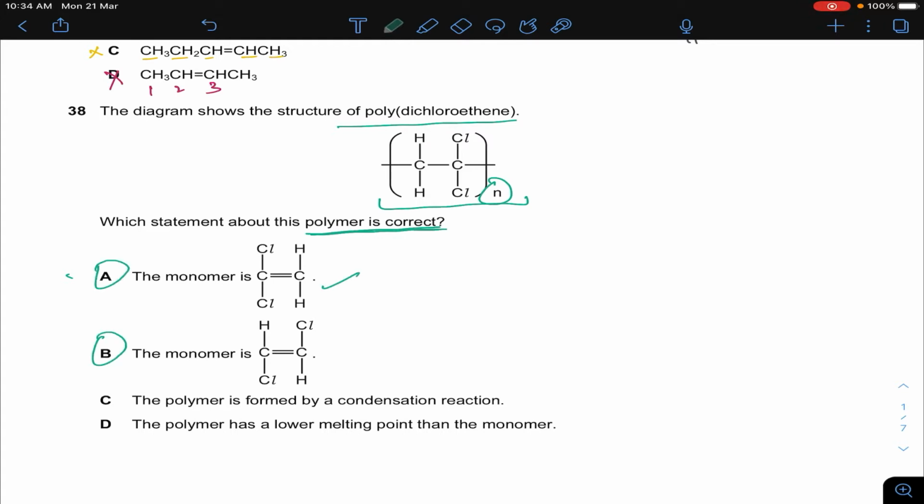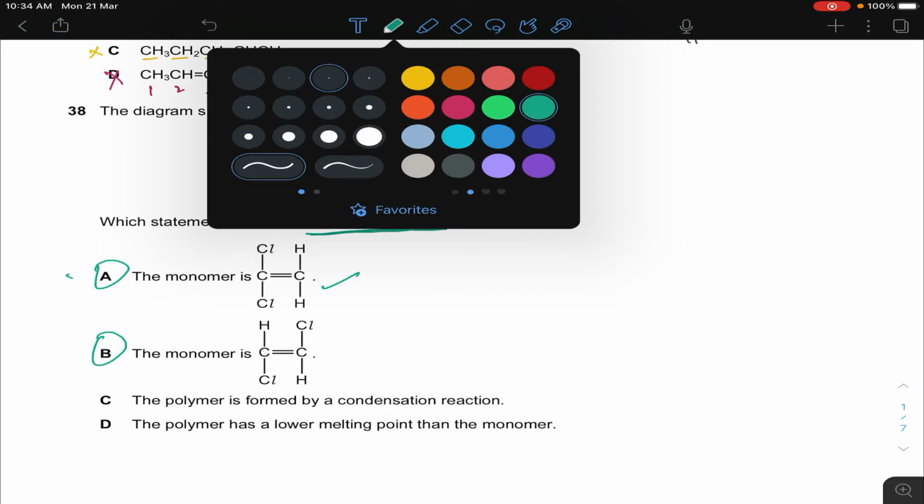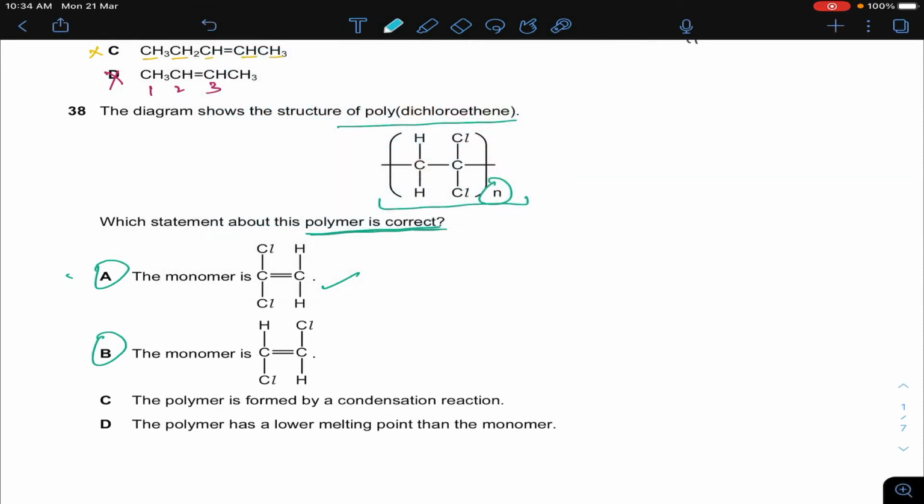Let's draw the structure of the monomer. You can see that of the 2 adjacent carbon atoms, one has 2 hydrogens placed on it, and the other has 2 chlorine atoms. To convert it into a monomer, we draw a double bond.